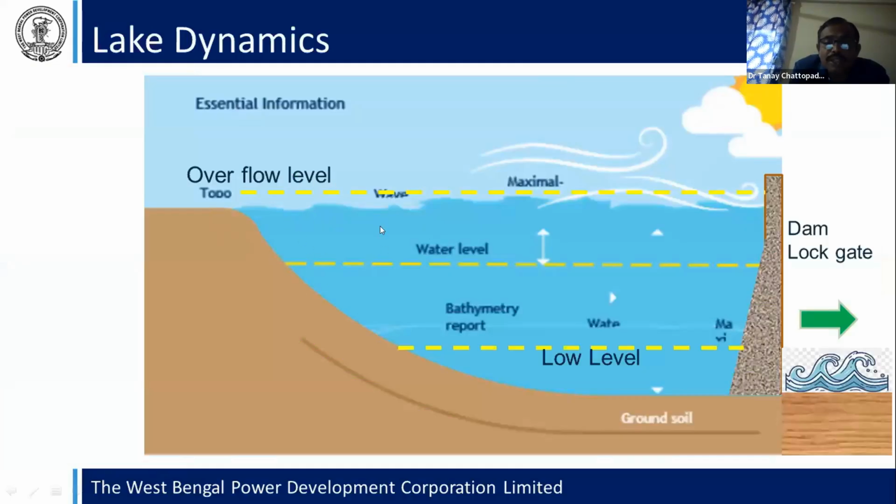You have to take the data: what is the lowest level in summer time, what is the normal water level, whether there is any flood history, what is the dam opening rate in the year and at which time it is open, what is the velocity of the water at that region, and whether any storm happens at that region. This is the main data you have to take for design purposes. This data is very important.